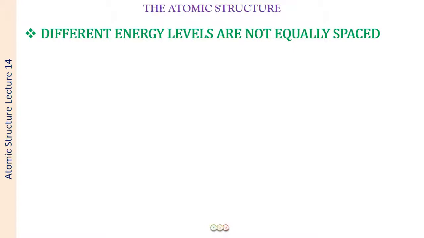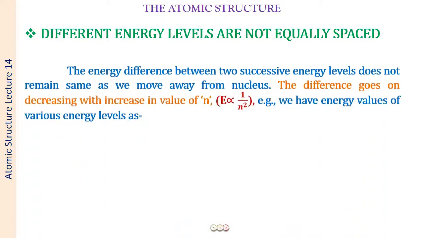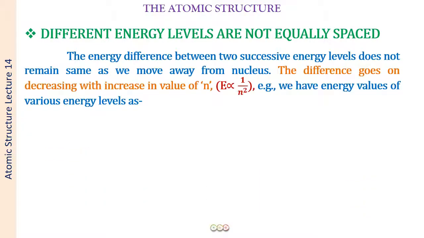Okay. Now the different energy levels are not equally spaced even when we study about the energy. The energy difference between two successive levels does not remain the same as we move away from the nucleus. The difference goes on decreasing with the increase in value of n, because E is directly proportional to 1 by n square.